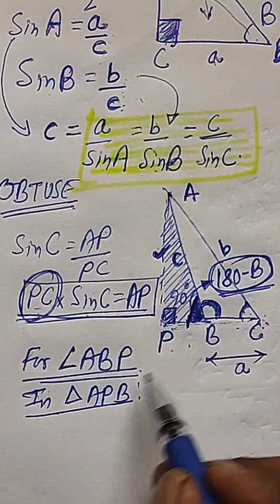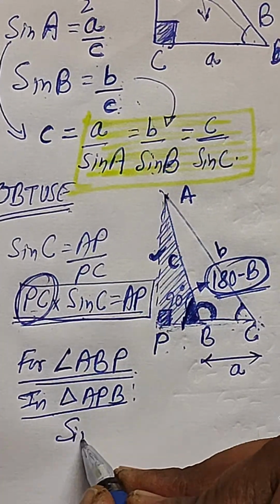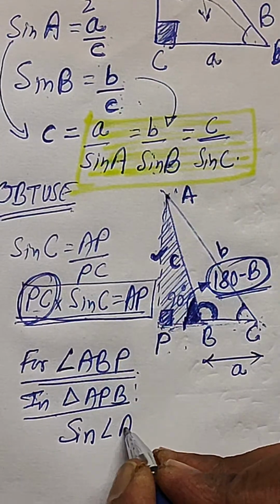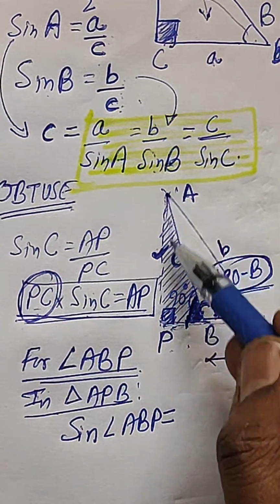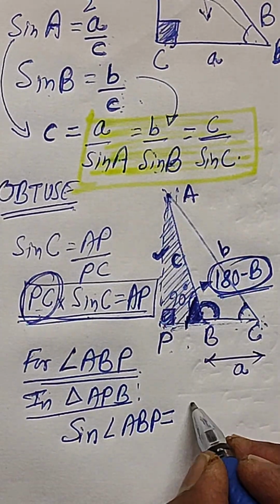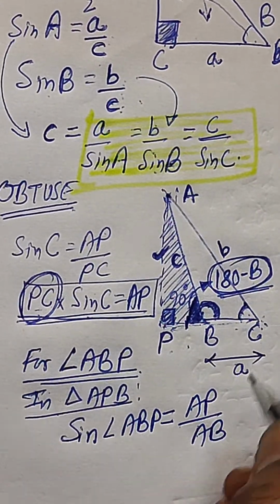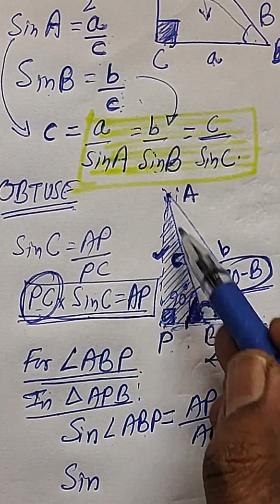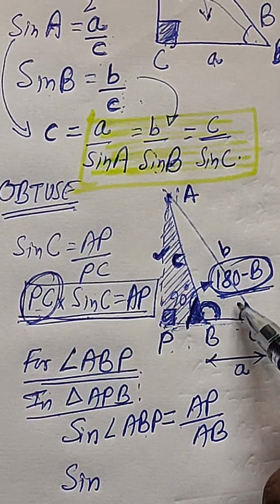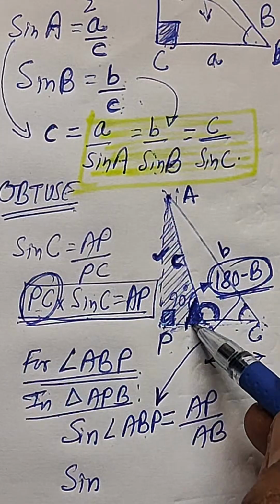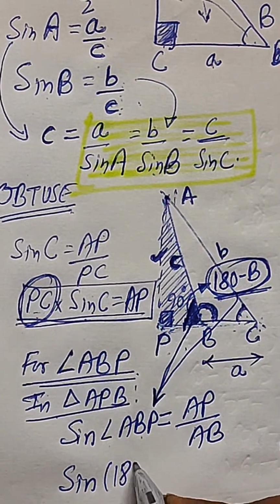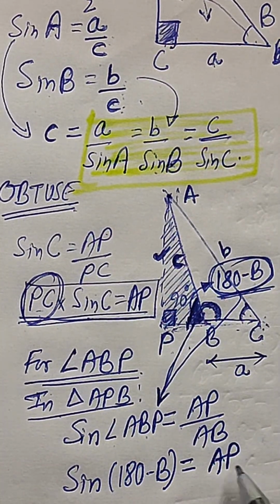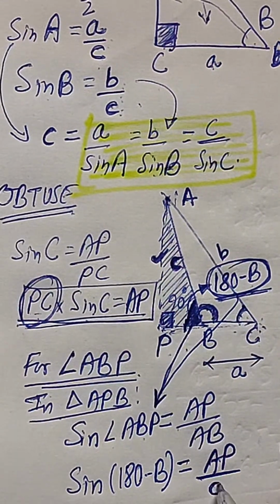Then sine of angle ABP is equal to AP by AB, and AB is nothing but this small c, and ABP is nothing but 180 minus B. So sine of 180 minus B is equal to AP by small c, right?